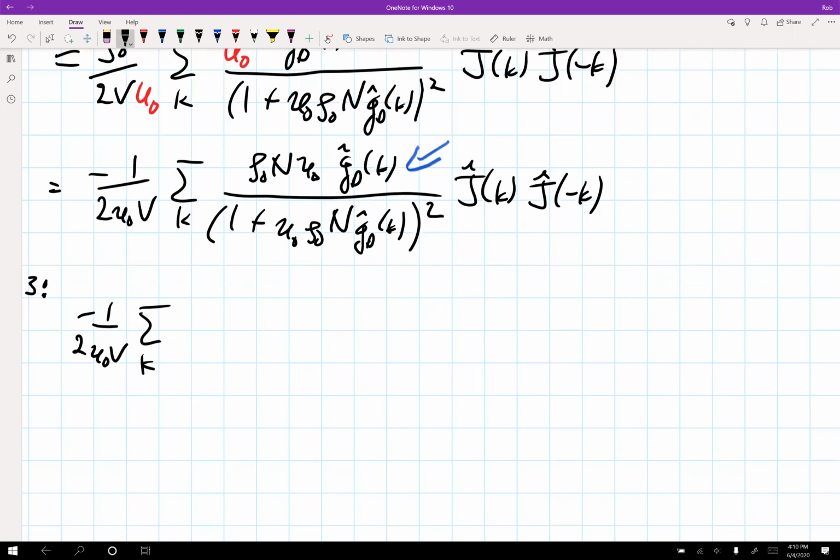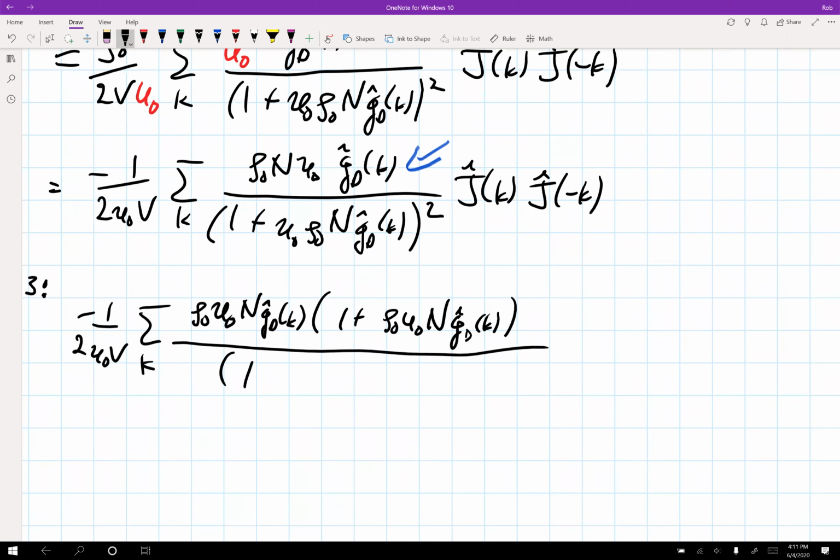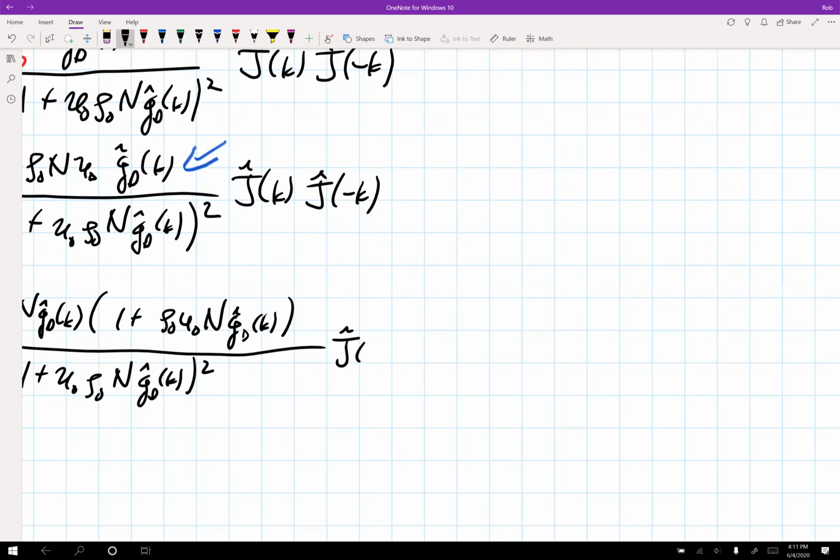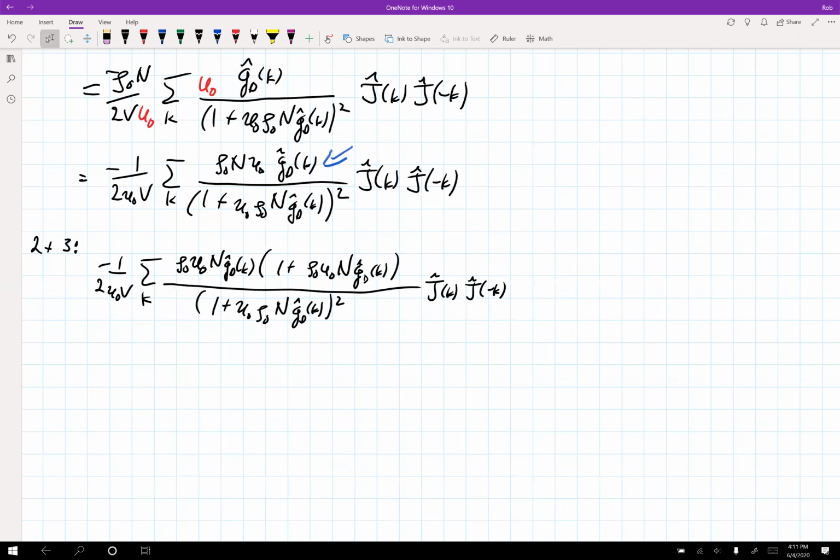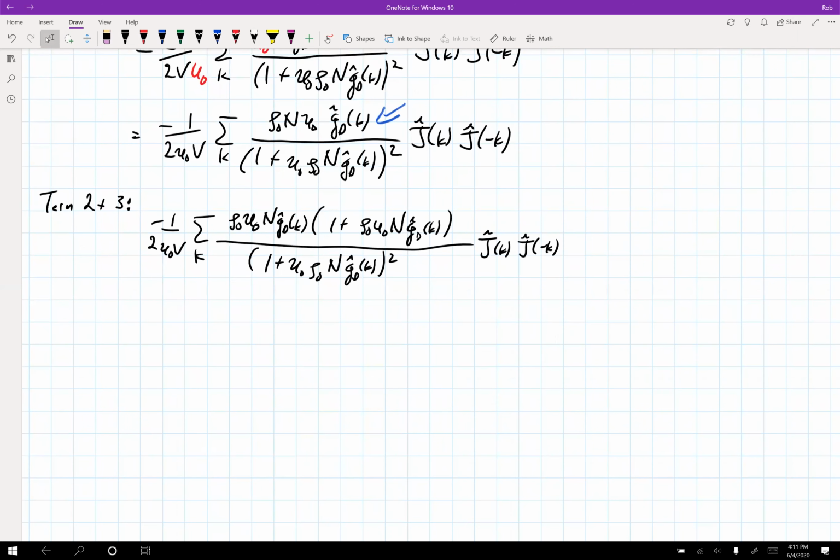So we have rho naught u naught n divided by function of k times 1 plus rho naught u naught n divided by function of k, then over 1 plus u naught rho naught n by function of k all squared, and then j hat of k, j hat of minus k. All right, we are almost there.